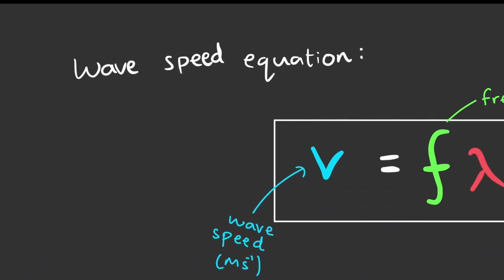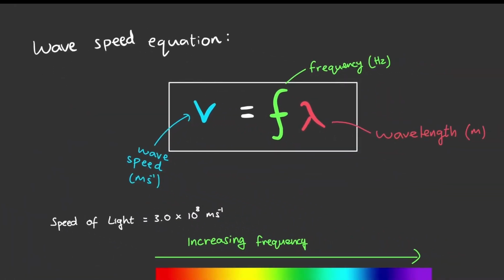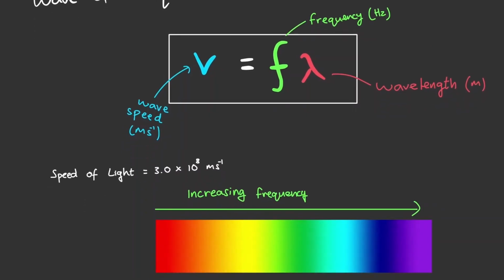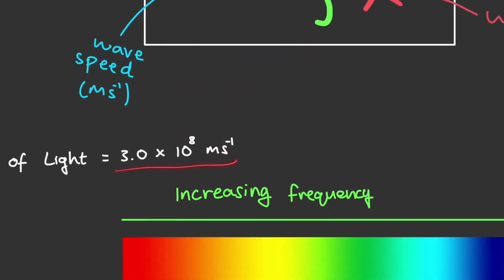Let's now look at what might be one of the most important equations in waves, the wave speed equation. v equals f lambda, or the wave speed is equal to the frequency times the wavelength. We know that the speed of light is a constant, or 3.0 times 10 to the power 8.